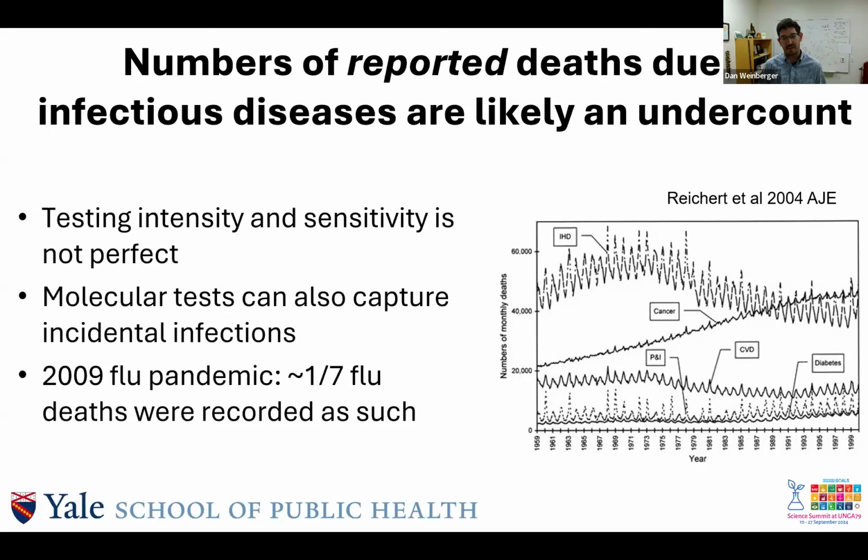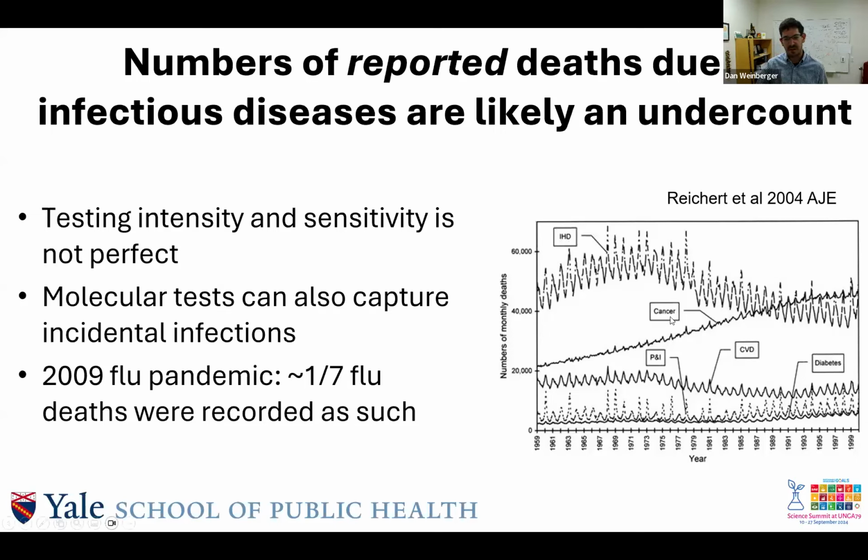Not everybody by a long shot gets tested for all the different viruses and bacteria that could be causing a particular death. We could see this during the 2009 flu pandemic, where only about 1/7 of the deaths caused by flu were thought to be attributed to flu in official statistics. But we could also see that during a typical influenza season as well.